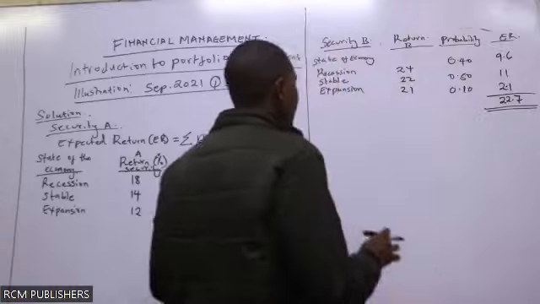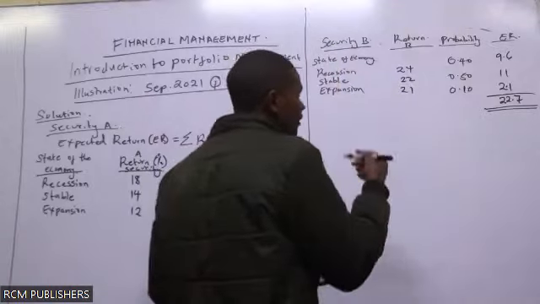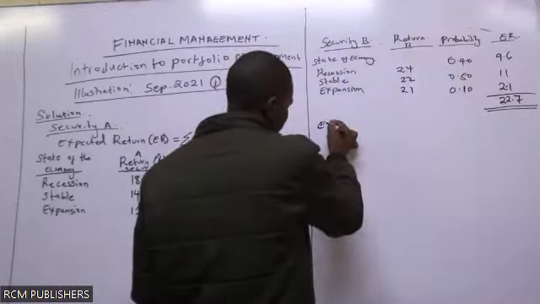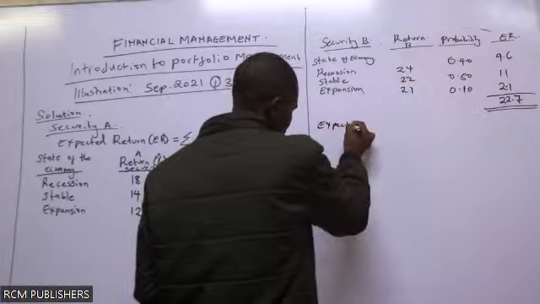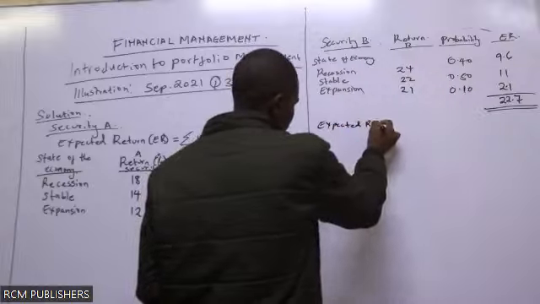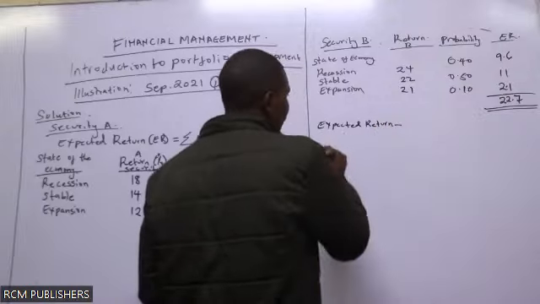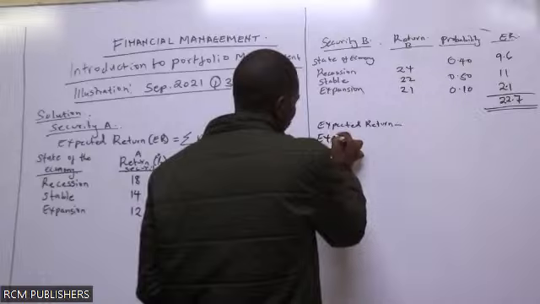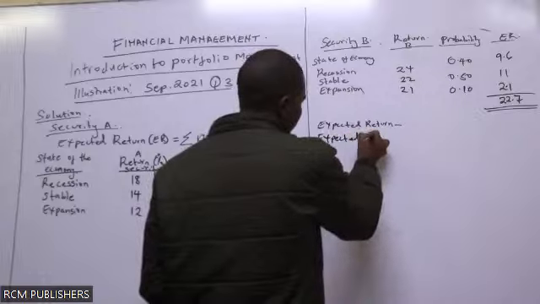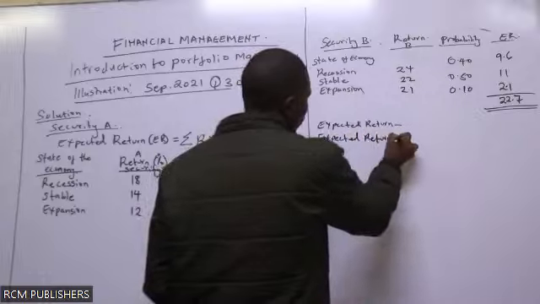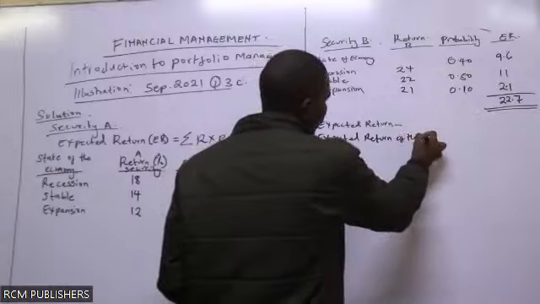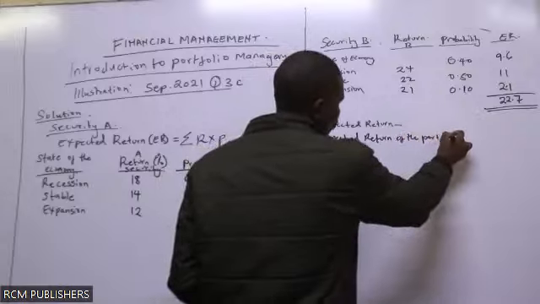There's a difference between expected return, get this, expected return, hiyo ni kitu moja, and expected return of the portfolio. Nataka muelewe hii tofauti. Hasa nani atatukumbusha hii formula?